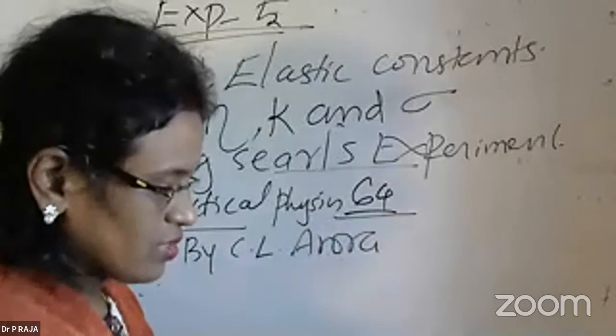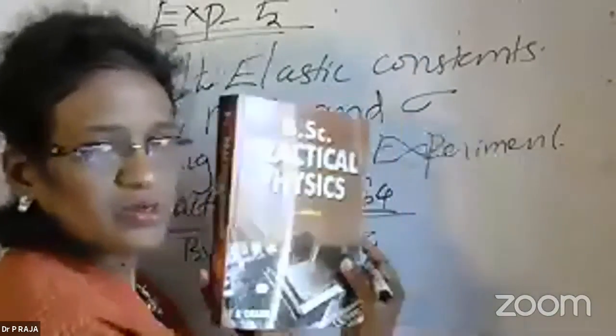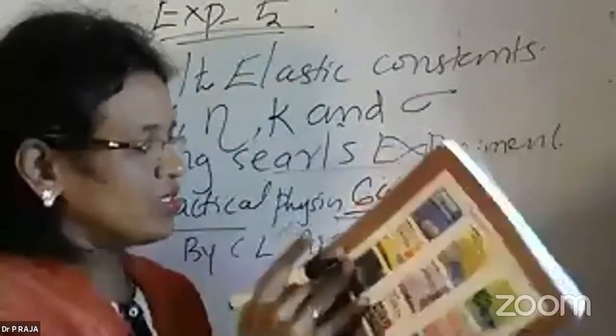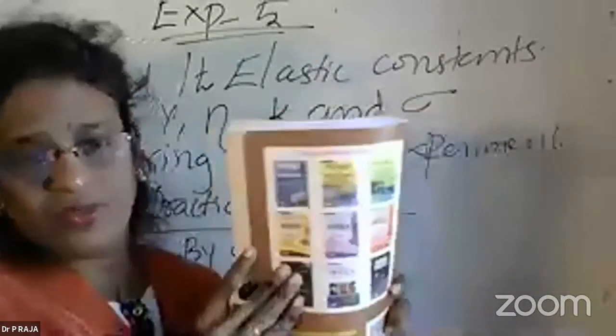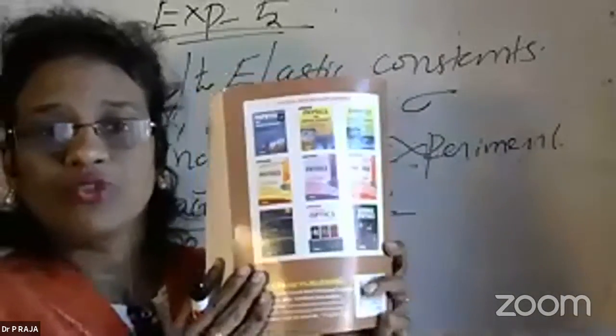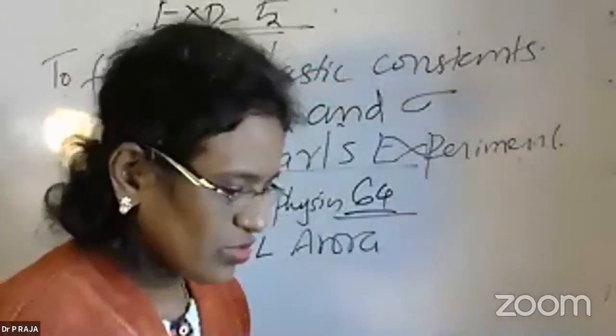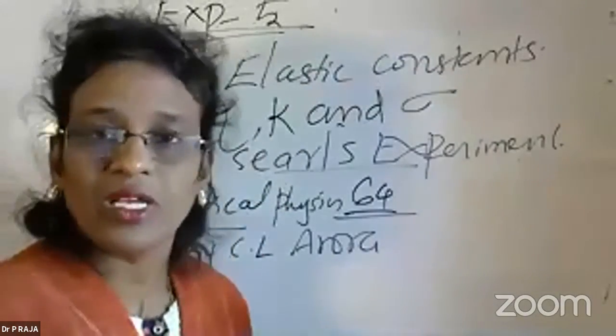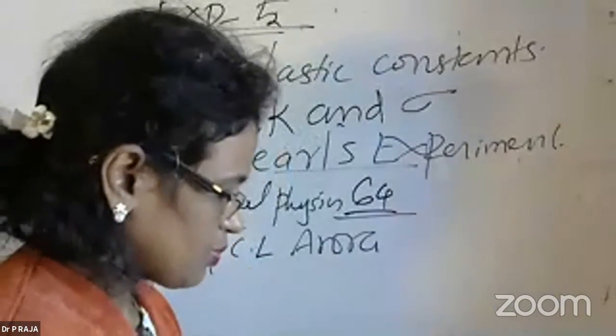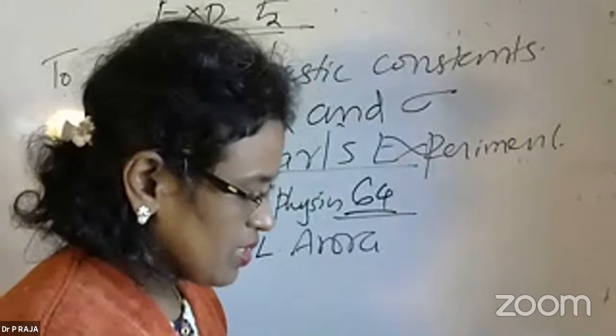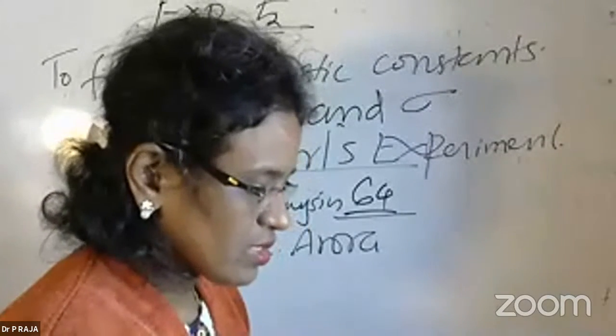Okay, if you are interested, you can buy this book. It is called BSc Practical Physics by C.L. Arora. It's there in page number 66. And the cost of this book is $4.95. Okay. For the time being, you don't have to buy. Just follow along and I will send you the PDF of this particular experiment that's given here. Okay. So page number 64, it is there.